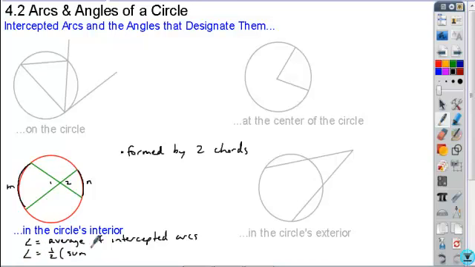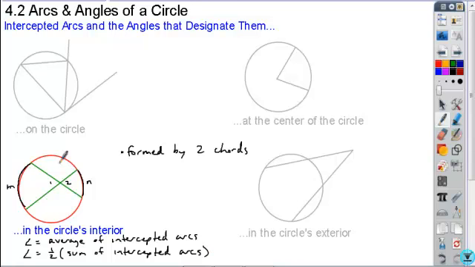So the average of the intercepted arcs is basically calculated as 1/2 the sum of the arcs. And so we can think of this in the form of an equation.